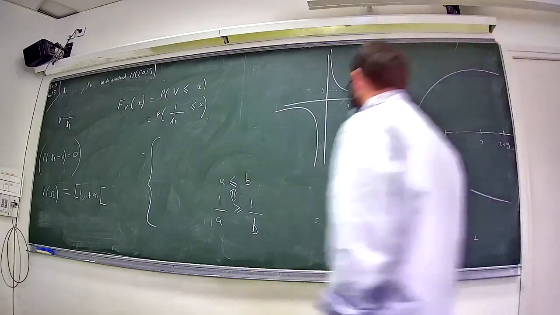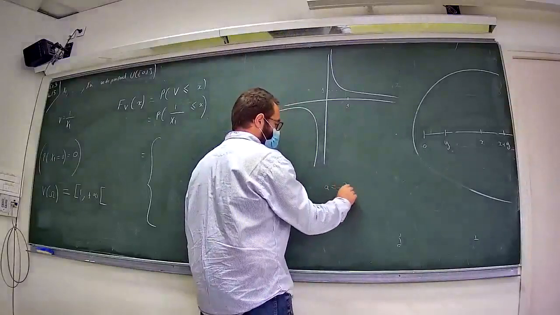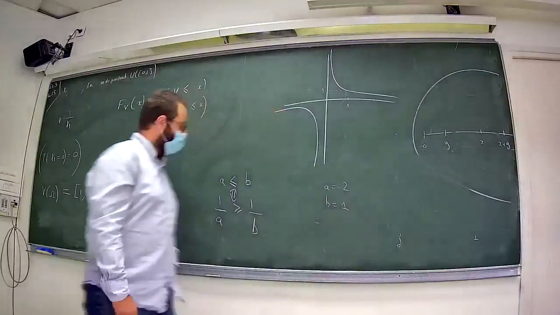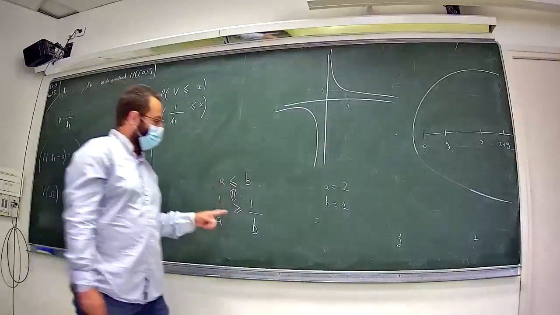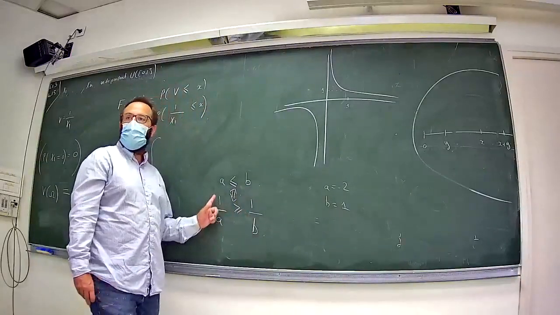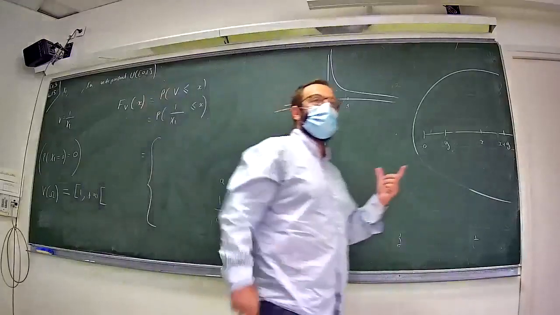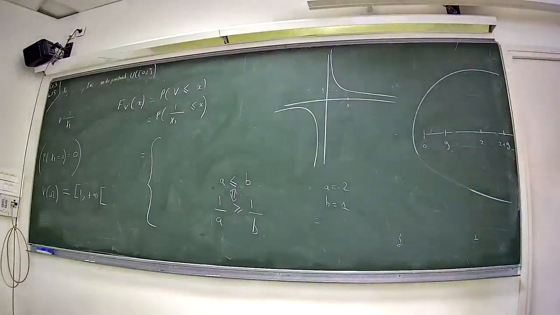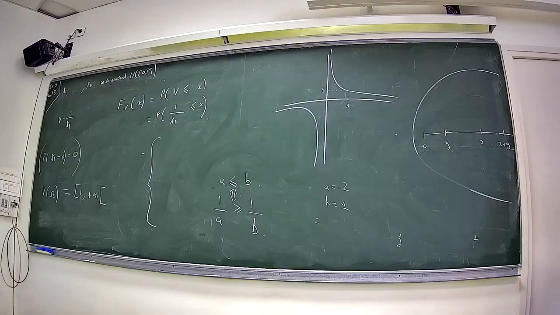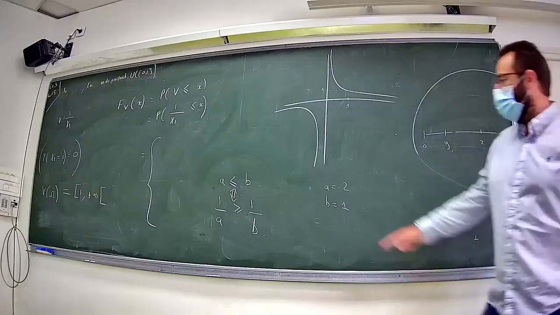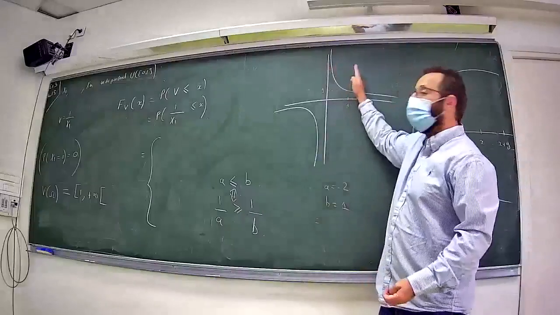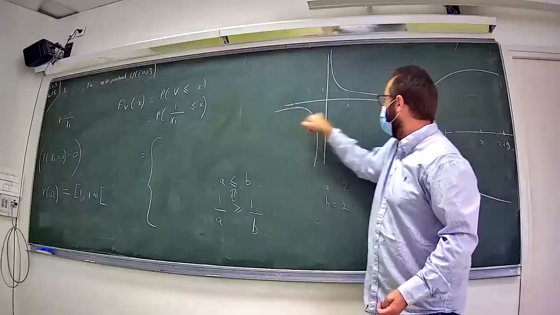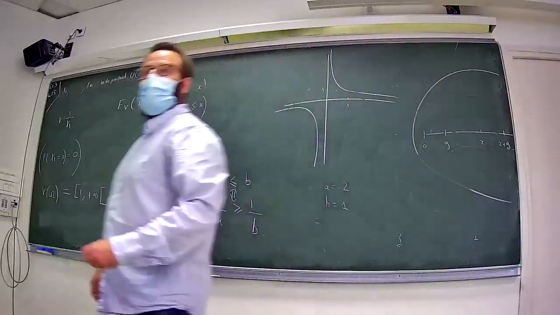If I take, for example, A equal to -2 and B equal to 1, of course 1 is greater than -2, but 1 over B, which is 1, is not less than -1/2. So you need both to have the same sign. If you want to write correctly what you have written on your paper, you have to suppose that x is positive also. So you have to consider two cases: the case where x is negative, where the probability is 0 directly, and the case where x is positive, where you can use the inequality you wrote. So be careful, it's not always true. It's true when I am on this part of the curve or this part. If you take one point here and one point here, it doesn't work.